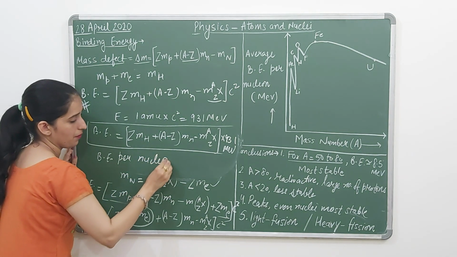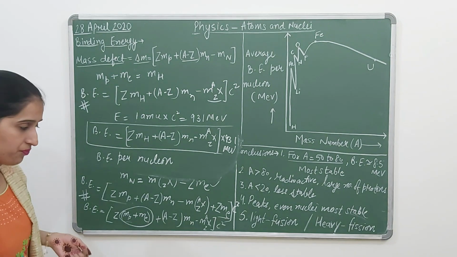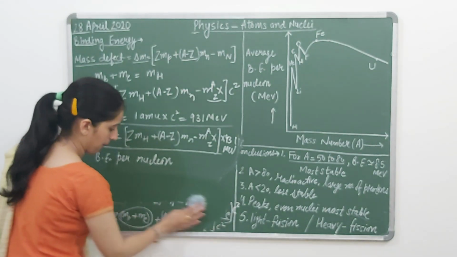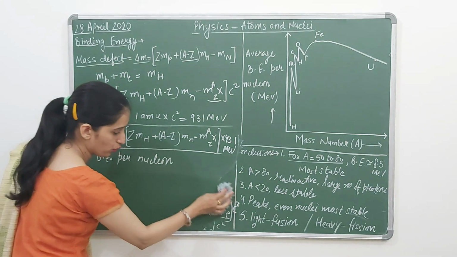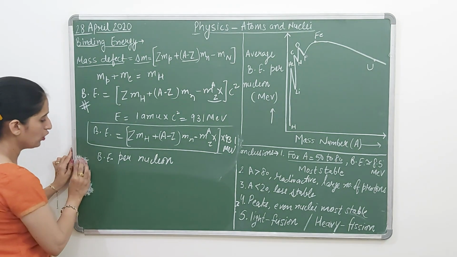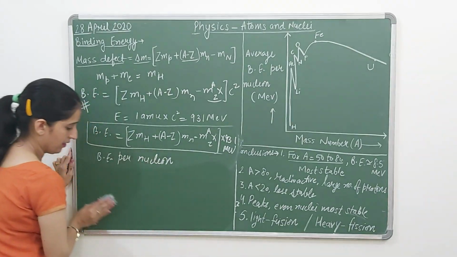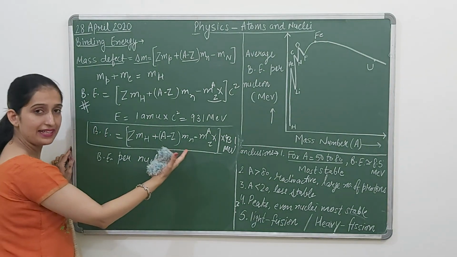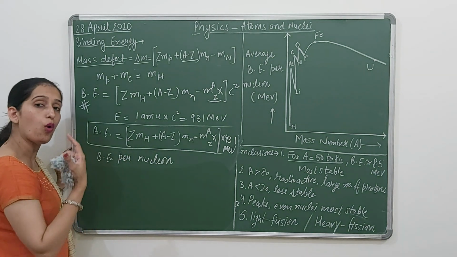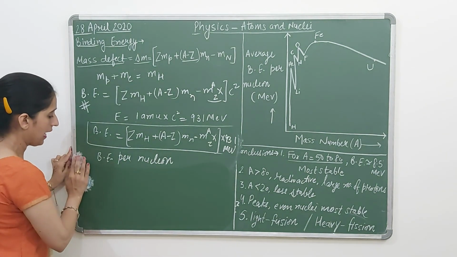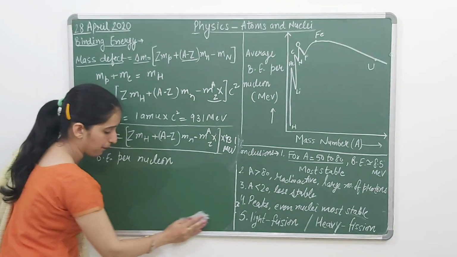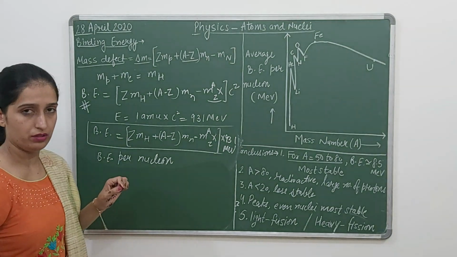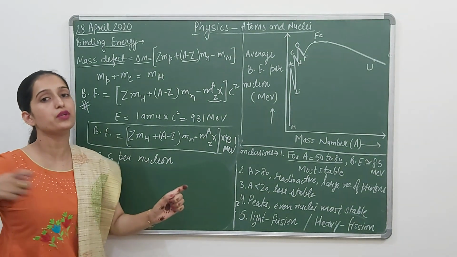Binding energy per nucleon. Nucleon means protons and neutrons are collectively known as nucleons. So the binding energy which we are calculating here includes all protons and neutrons. And per nucleon means the energy to separate one proton or one neutron from the nucleus.